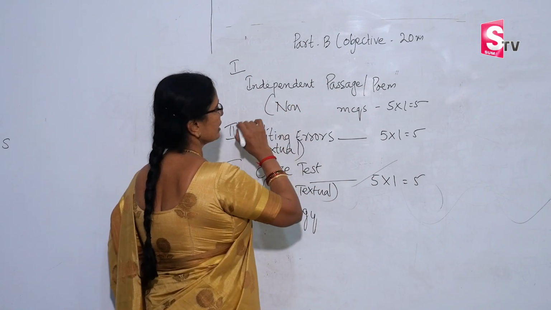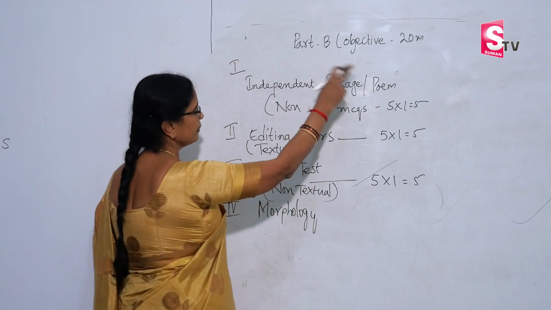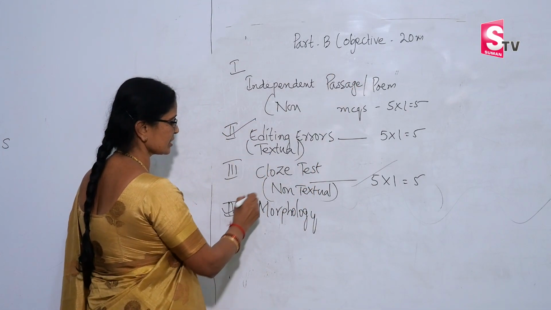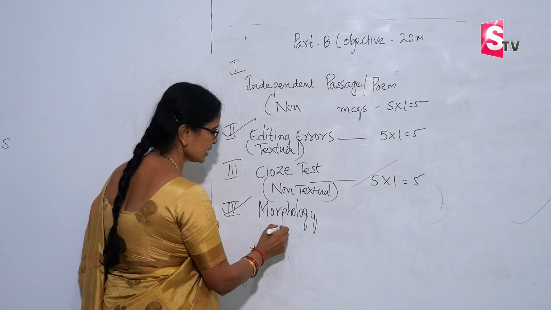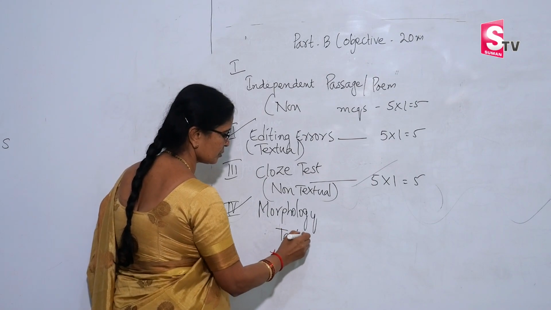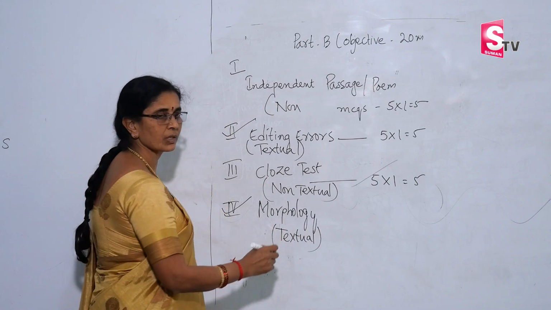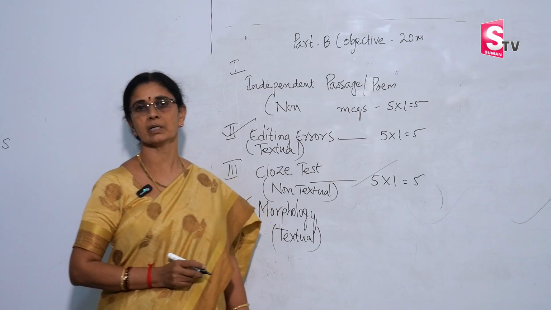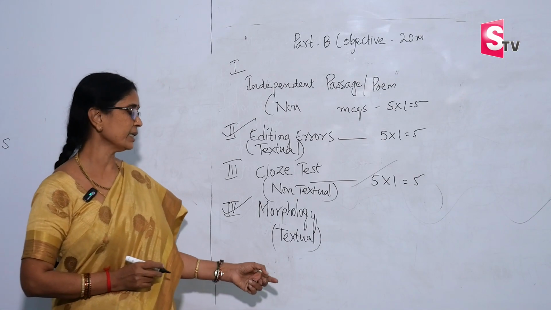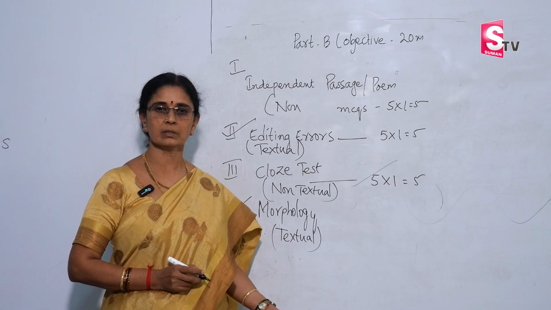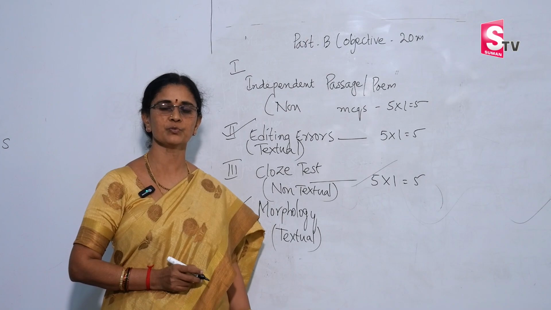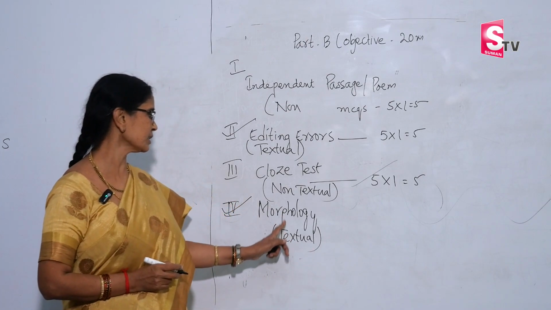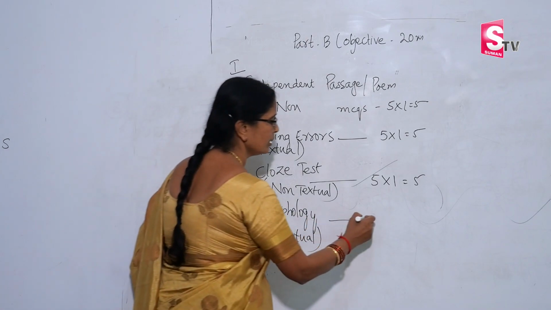So the textual exercises in part B are editing errors and the last one, morphology. From the lessons, a passage will be taken and a few words will be underlined. You will be asked to write its meaning or opposite or homophone or the correct form of the word. So this is morphology and this is also for 5 marks.